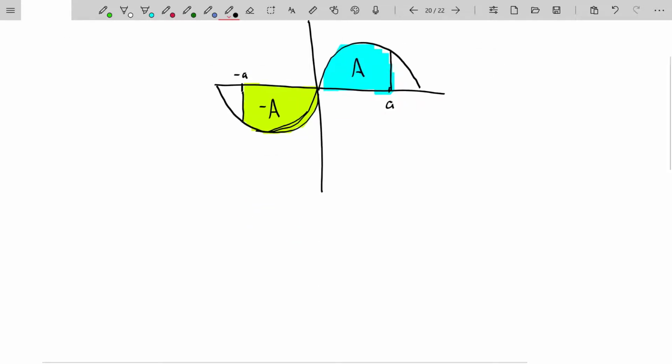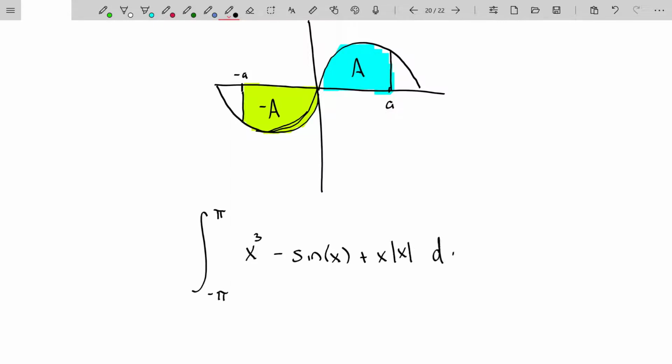So this becomes a really cool style of problem if I start giving you odd functions, like I need you to integrate from -pi to pi, x cubed minus the sine of x, plus some other odd function, x times the absolute value of x dx.